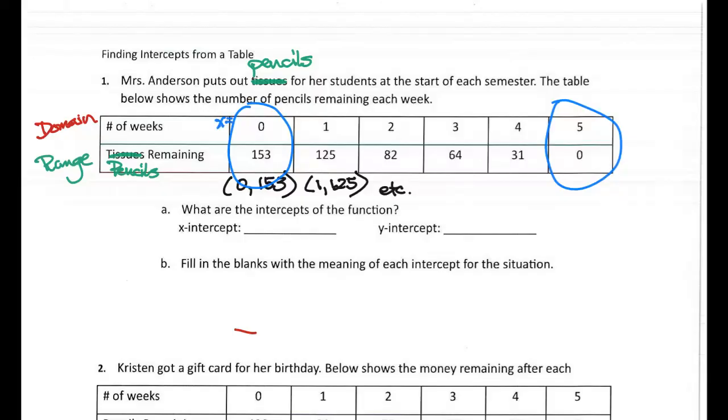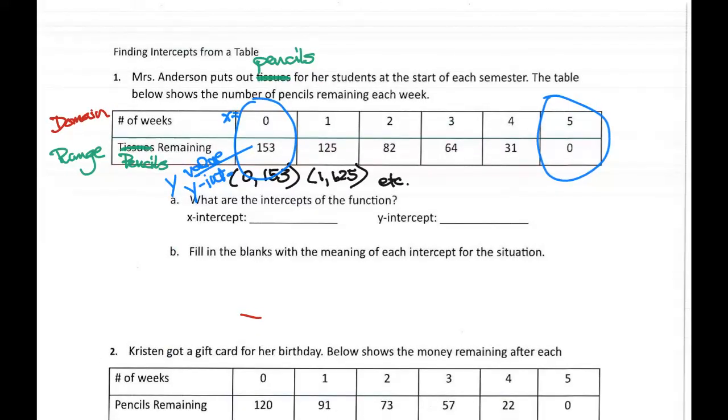My y has a value. So that means this y value is the y-intercept. Whenever the number comes up in the domain as 0 and the range has a value, then that is the y-intercept.